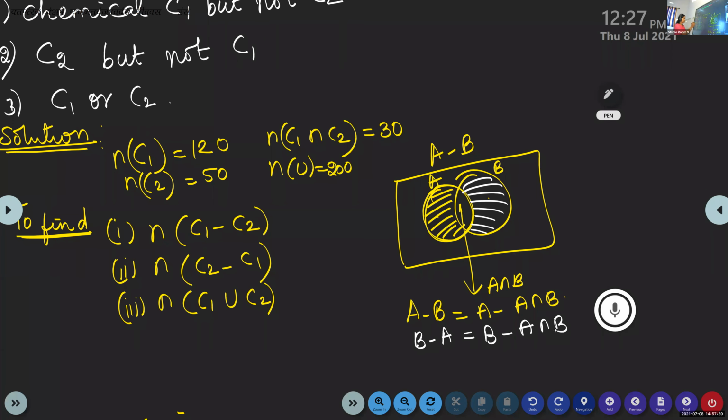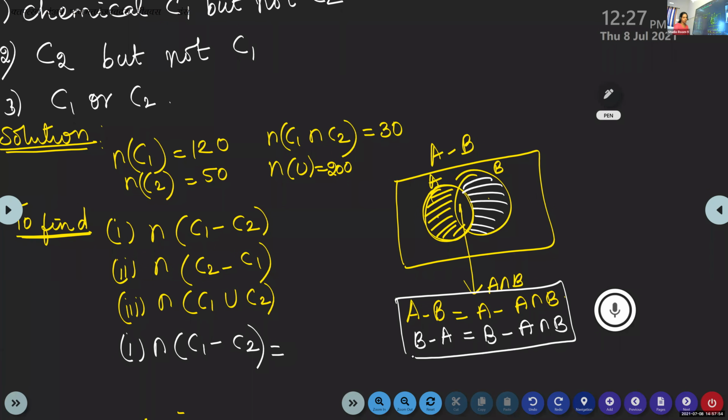Okay. So here, the first one we want to find is N of C1 minus C2. If you apply this formula, write this formula in the box. Note this down in your textbook also. So what is N of C1 minus C2?